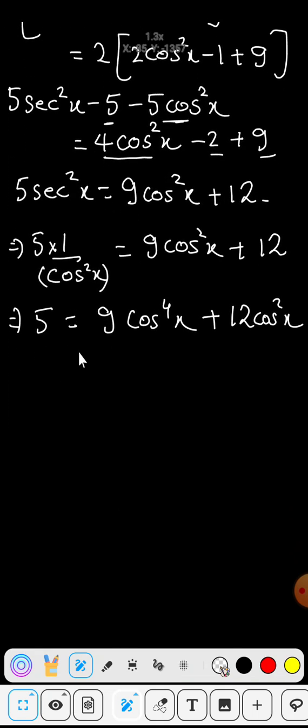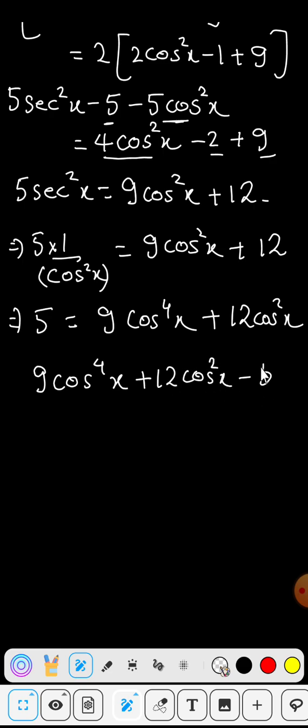Now we will send this 5 to the RHS side. So the main equation, 9 times cos 4x plus 12 times cos square x minus 5, would become 0.